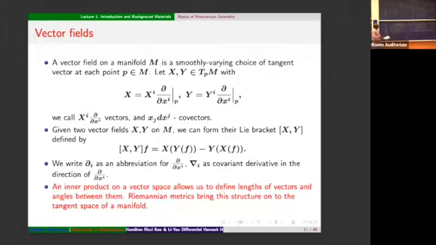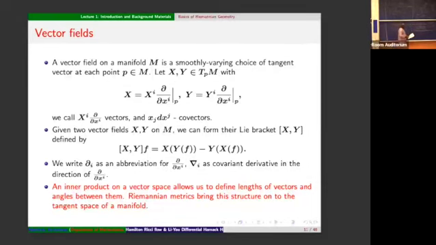Then what is a vector field? A vector field on a manifold M is a smoothly varying choice of tangent vector at each point P. Suppose you have two vectors X and Y from the tangent space, two tangent vectors at point P, written as what I've just given.